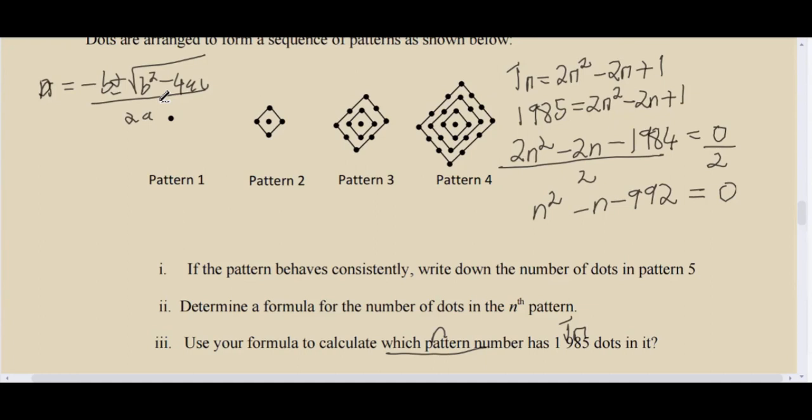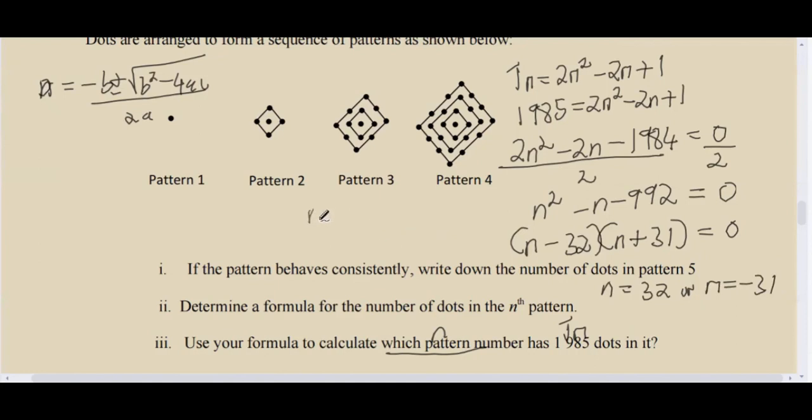So I'm getting 32, so that's n. I'm going to write it as n minus 32. If I change the plus to a minus there, I'm getting negative 31, so I'm going to write it as n plus 31, right? So no one would be able to tell that I actually used the quadratic formula. So my n is equal to 32, or my n is equal to negative 31.